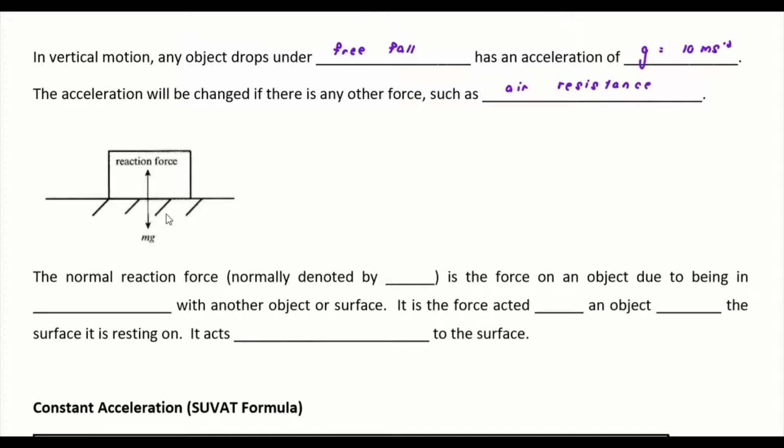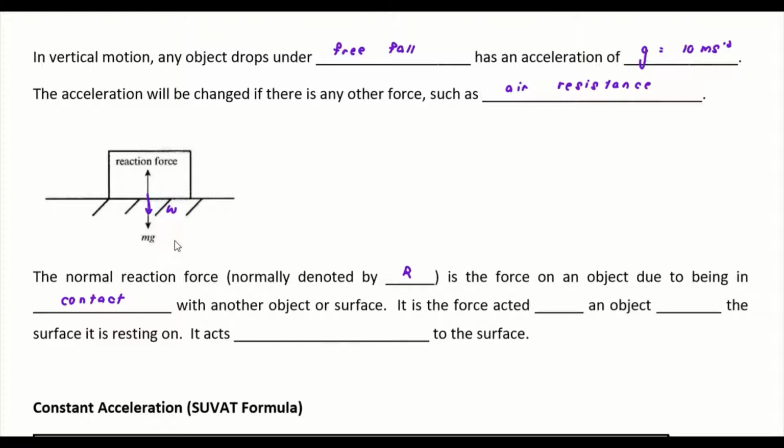This is the part for normal reaction. We know that normal reaction is one type of contact force, if you can recall the lesson where we discussed friction. The normal reaction force, normally denoted by R, is the force on an object due to being in contact with another object or surface. When a force acts from the object onto the surface, it is the weight.